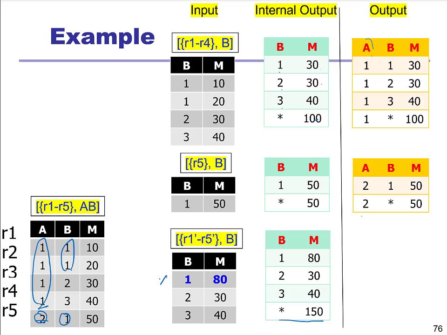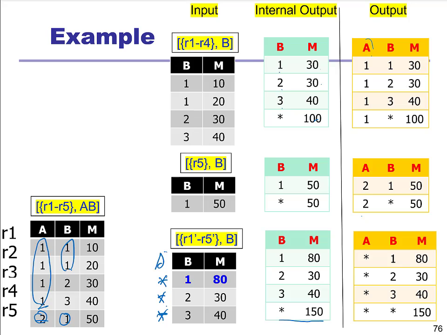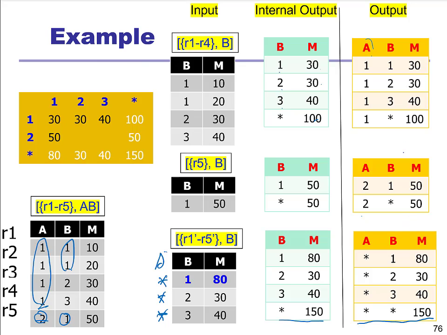Remember, A should be star here, so the output has A as star and B as 1, 2, 3, and the last line where A and B are both star. So concatenate these 3 tables together.